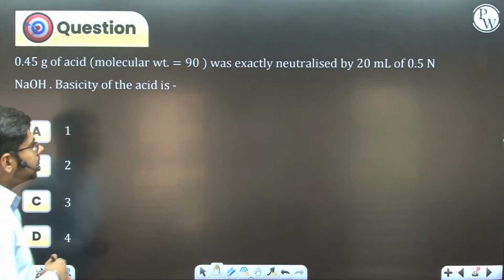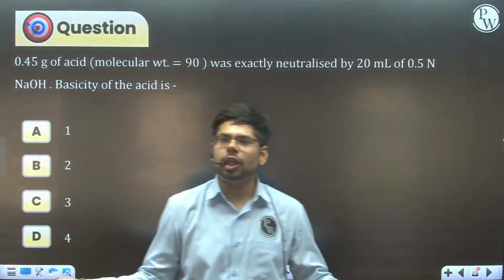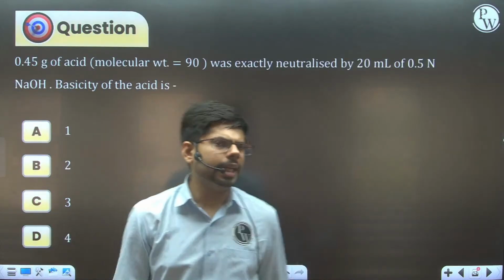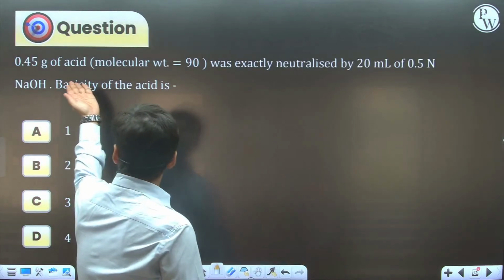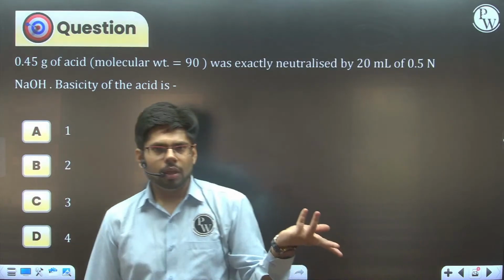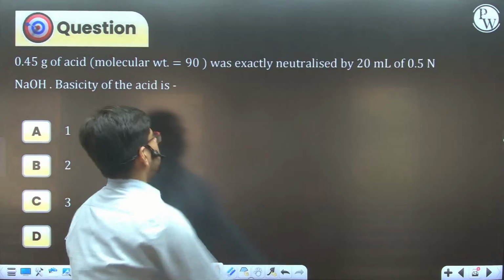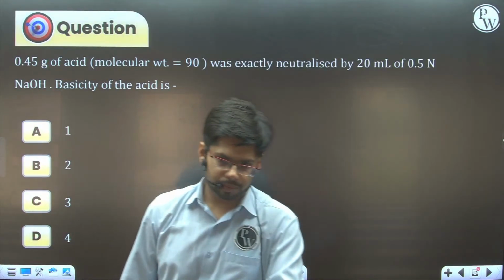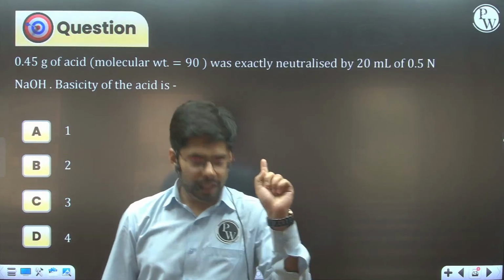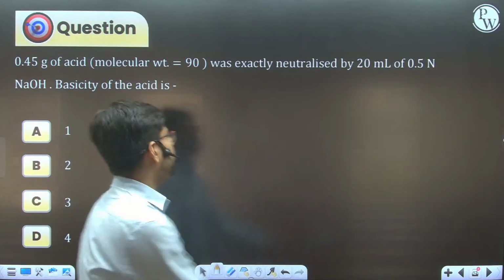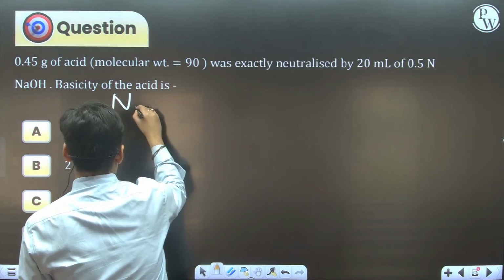Okay, so this is a neutralization reaction, which means an acid has reacted with a base to form salt and water. Clearly they have mentioned that the acid reacted with NaOH. NaOH is a base. Right? Now, if an acid reacts with a base, I repeat, if an acid reacts with a base, safely we can use this formula.